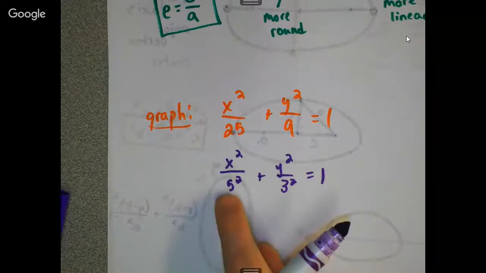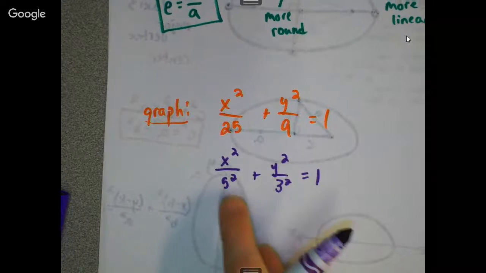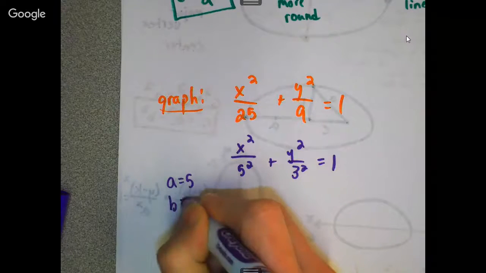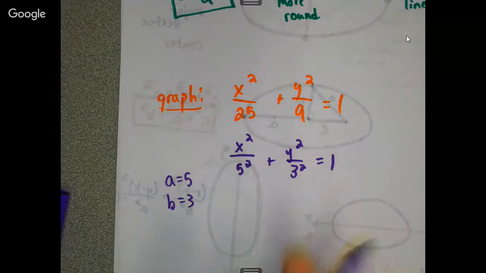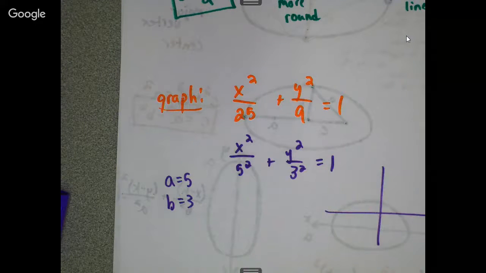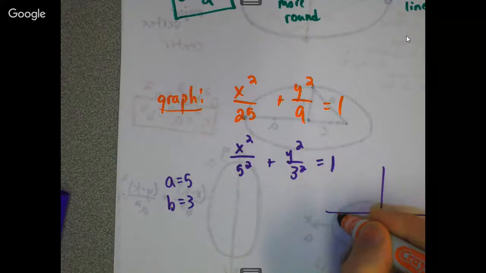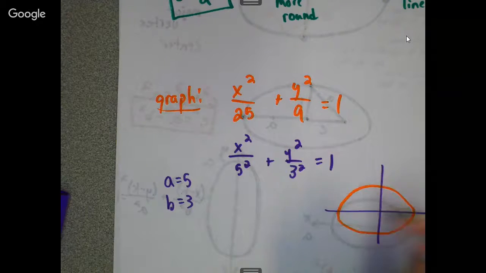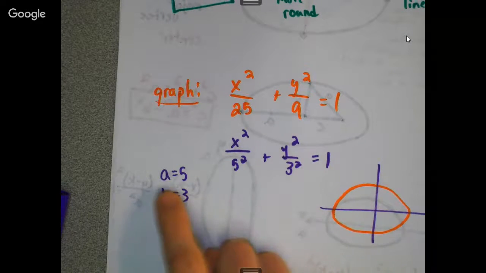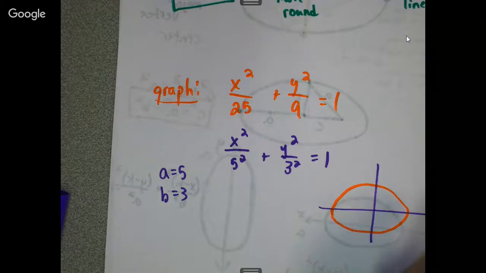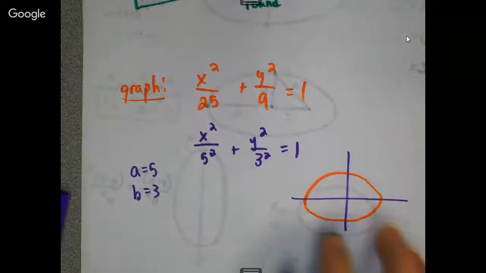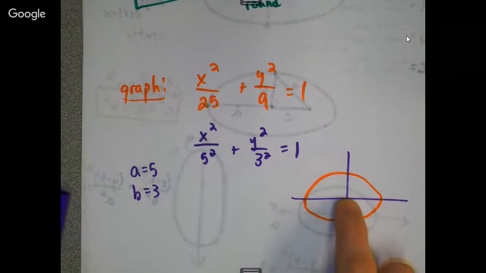Okay, since 5 is bigger than 3, A is going to be 5, B is going to be 3. A is always your bigger number. And since A is with X, that means my ellipse is going to be longer in the X direction. Okay? So from the center, and because there's no H and K, okay, H and K moves it left or right. Since there's no H and K at the top, it's centered at 0, 0.